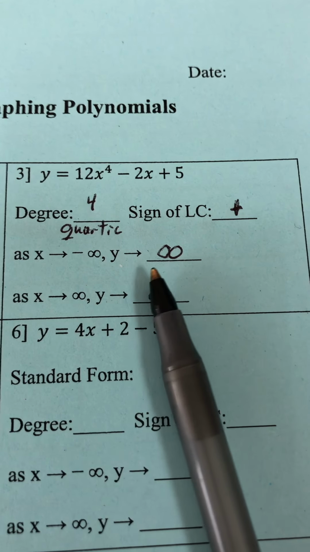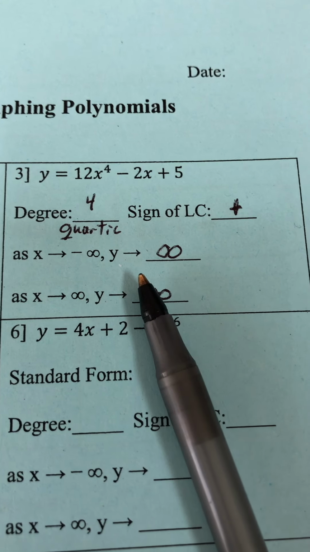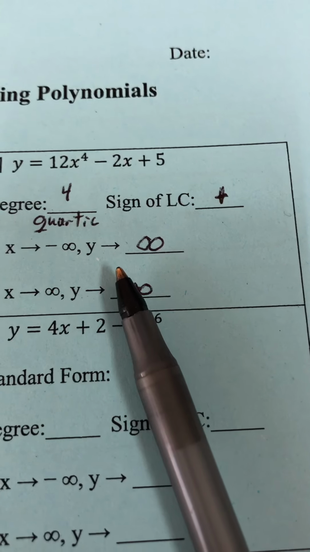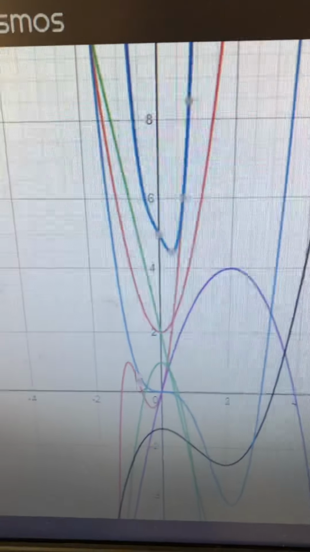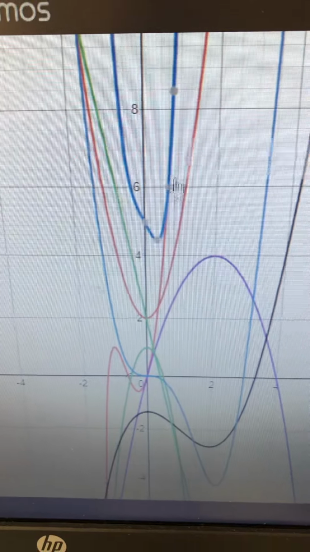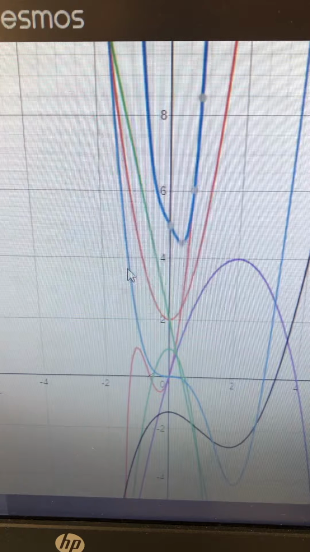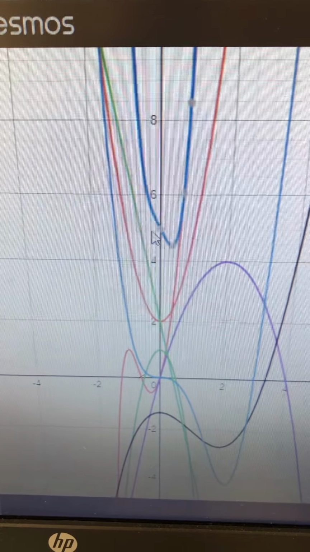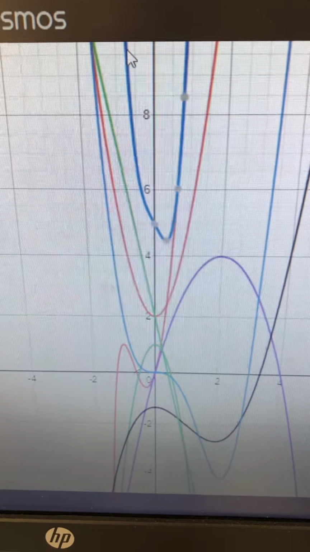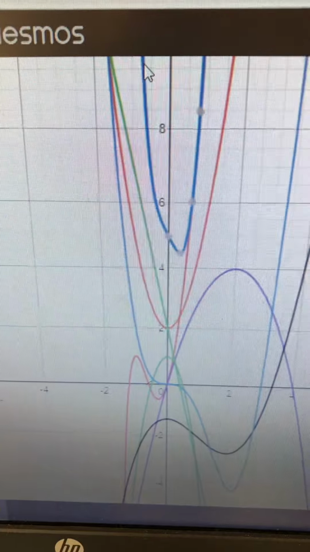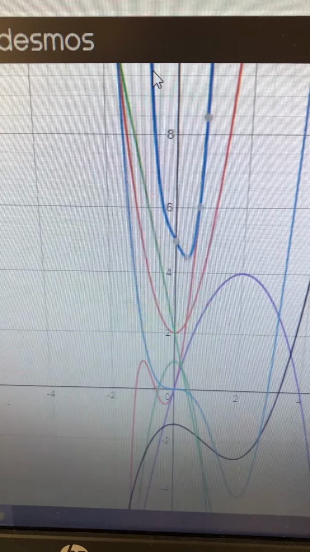So I have this one in blue here with these gray dots right here. As x is going towards negative infinity, notice it's going up on the y-axis as it expands out and goes to negative infinity in the x-axis.